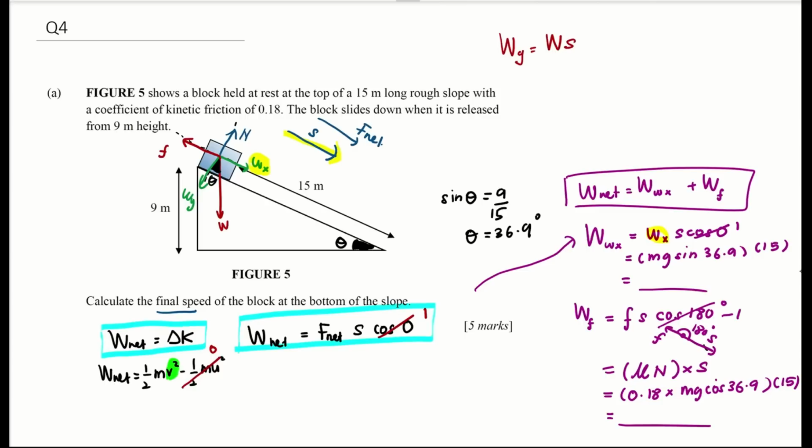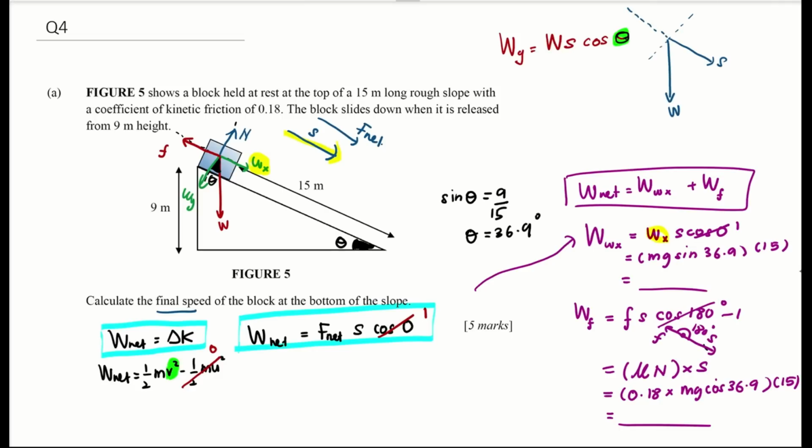Dia akan jadi Fs cos theta, dia akan jadi Ws cos theta. Okay, cumanya dekat sini angle theta ini bukan kosong lah. Angle dekat sini you tengok. Okay, you tengok S awak ke mana? S awak ke sini, direction dia, and this is the Y component, and this is X component. So W awak ke bawah. Ada yang nak ambil terus macam ini.